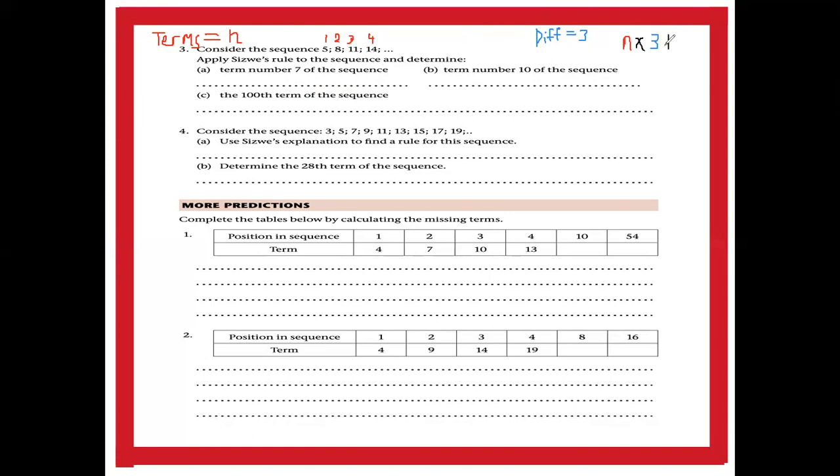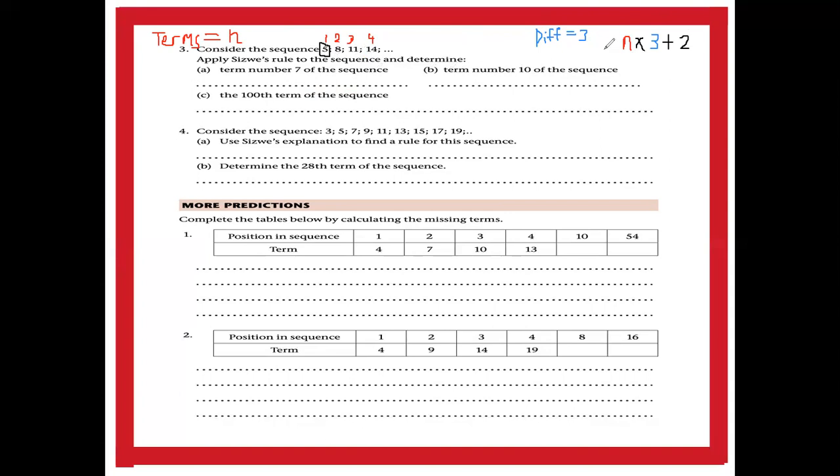So let's say plus. For the first term, if n is equal to 1, we're going to get 3. Now we need to add or subtract something to get the actual first term number, which is 5. So if n is 1, n times 3 gives us 3, so we're going to add 2 to get 5.